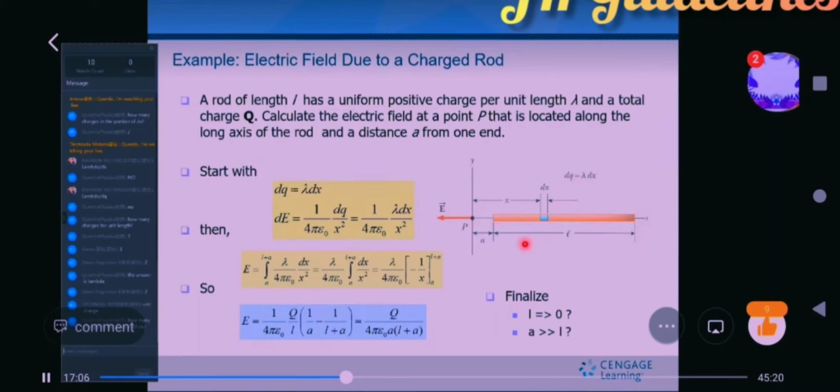Send me some answer. Raman, I hope you can send me the answer. Hello? So anybody? So you read the question. A rod of length L has a uniform positive charge per unit length lambda and a total charge Q.